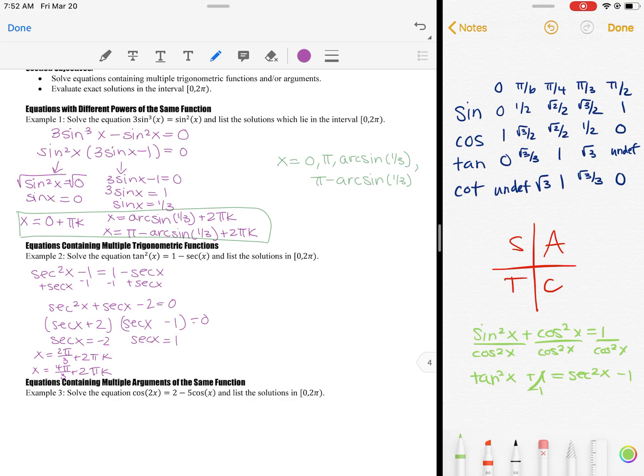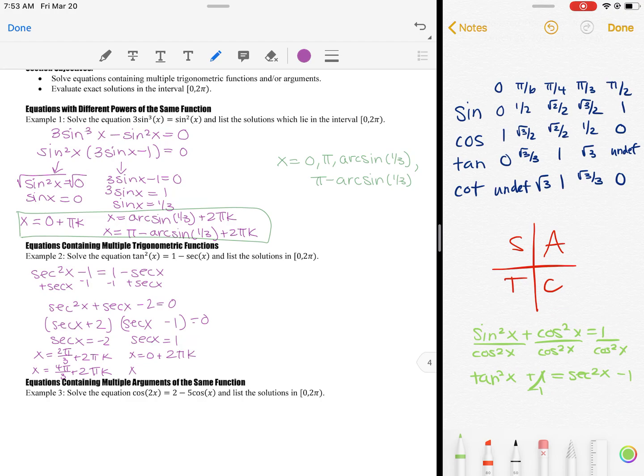As we think about this other one, when is secant equal to 1? So the place we get that is at 0. So x equals 0, and it is plus every pi k that repeats. Actually, wait, for a positive one, it's going to repeat every 2 pi, right?